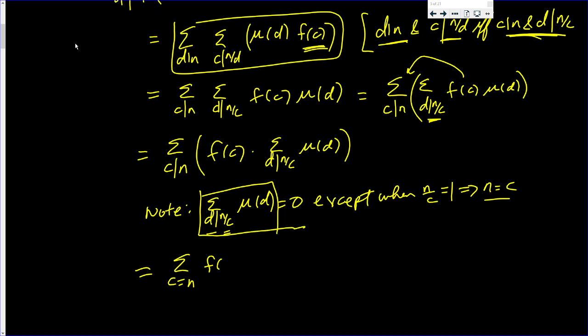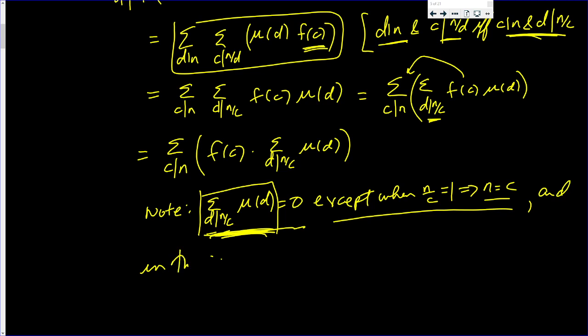One last comment. This is equal to 0 except when n over c equals 1, and in that case, the summation as d divides n over c of mu of d is equal to 1.